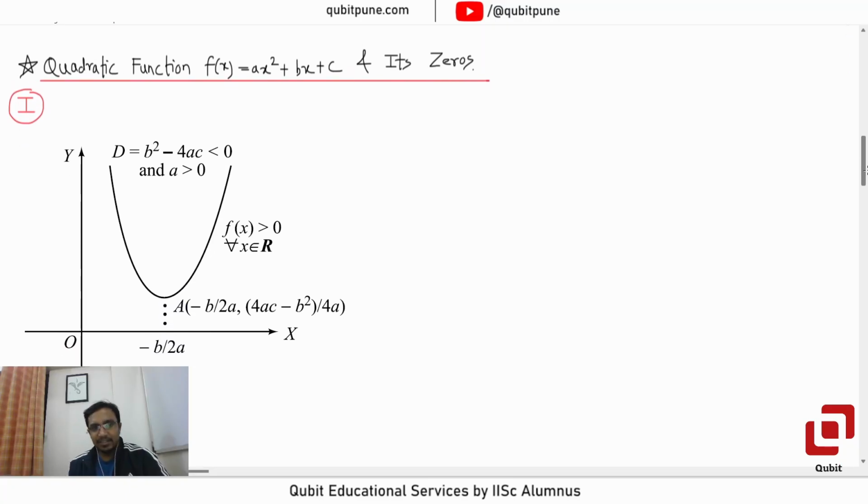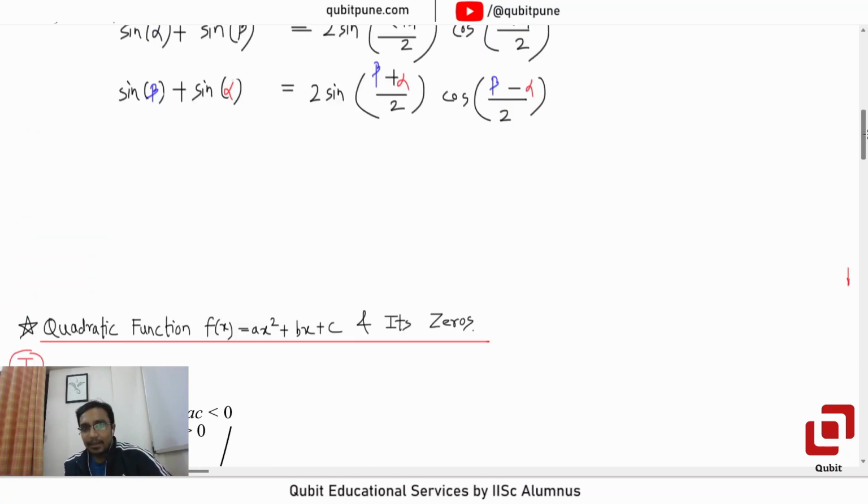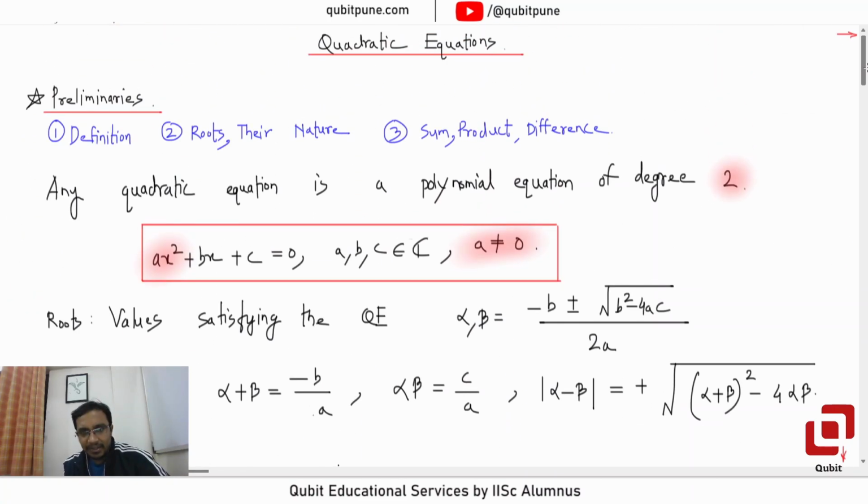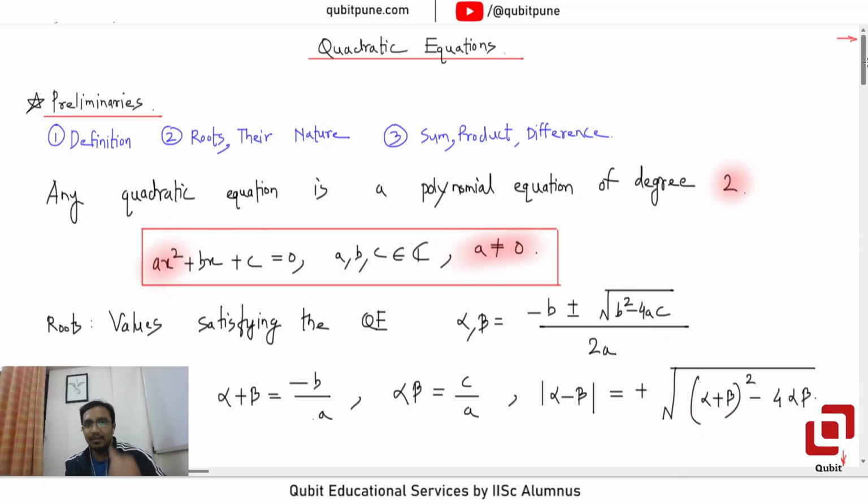Now in today's lecture, we will be emphasizing more on the visualization of the quadratic function, because the theory of the quadratic equation just ends right there: the formula for the roots, the sum of the roots and the product of the roots.